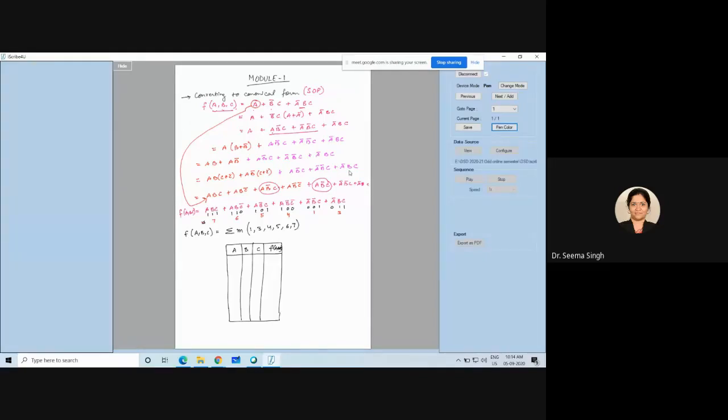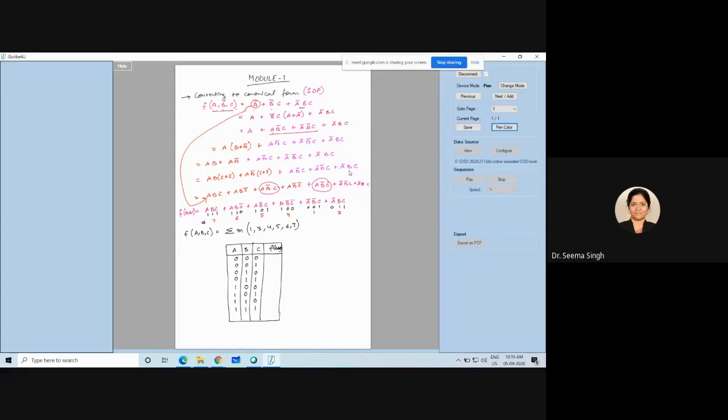So now you all know that a truth table should have all the possibilities. A 3 variable truth table will have 0, 0, 0. You all know this shortcut of writing a truth table. First column changing 1 by 1, second column changing 0, 0, 1, 1, and third column changing 4 times zeros and 4 times 1.